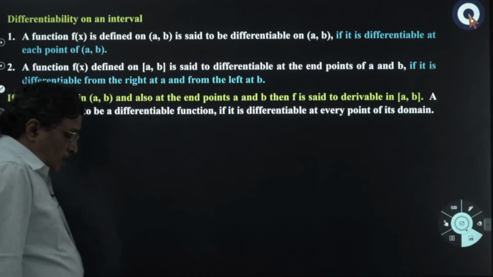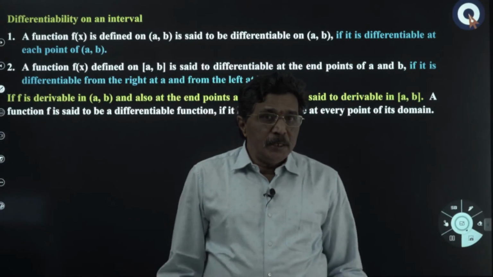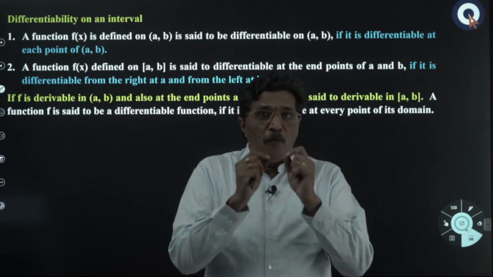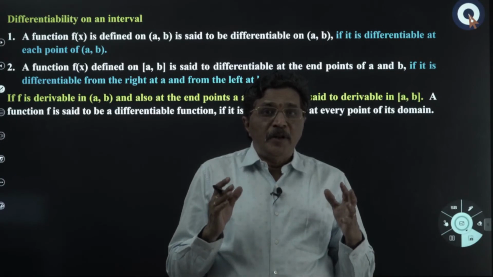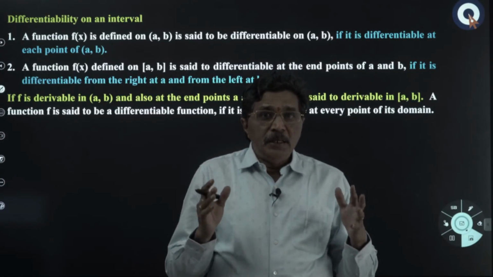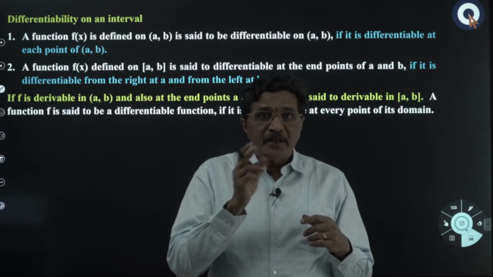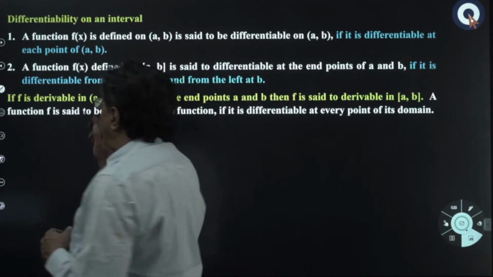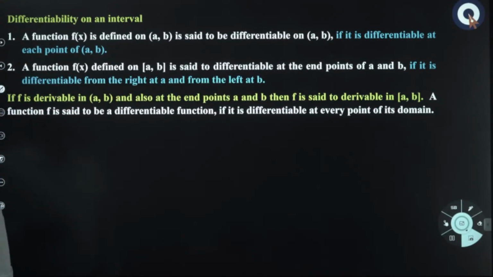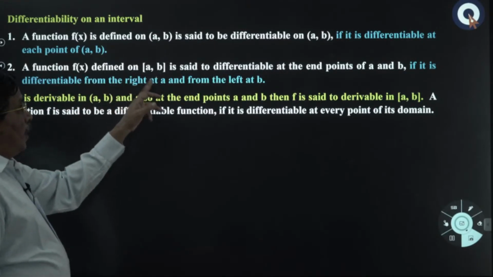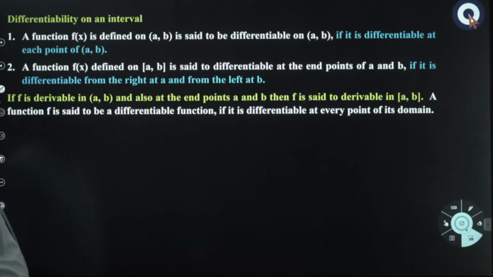Here also, differentiability is a concept which is first defined at a point and then later extended to an interval. So a function f is said to be differentiable over an interval I if it is differentiable at every point of that interval. So that's what we wrote here. And as far as closed bounded intervals like [a, b] are concerned, it should be differentiable at the endpoints also: at a it should be differentiable from the right, and at b from the left.